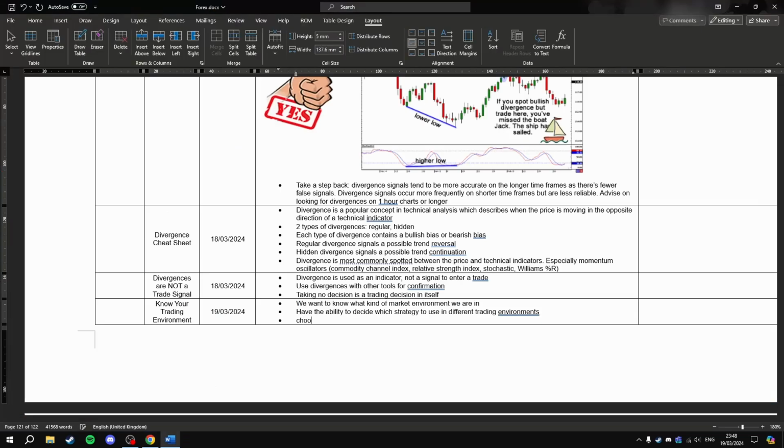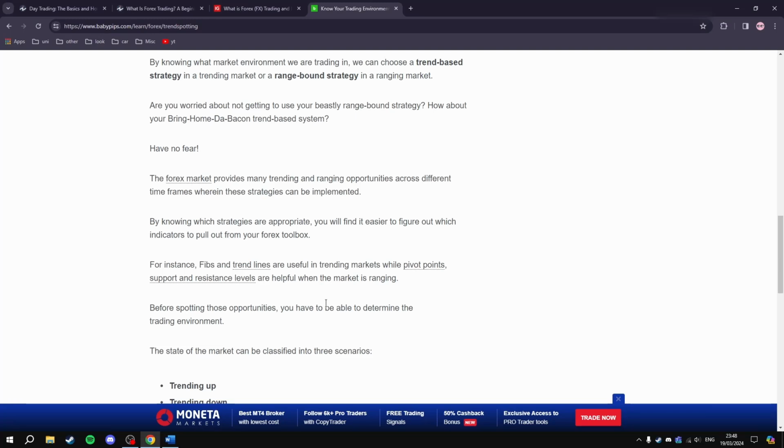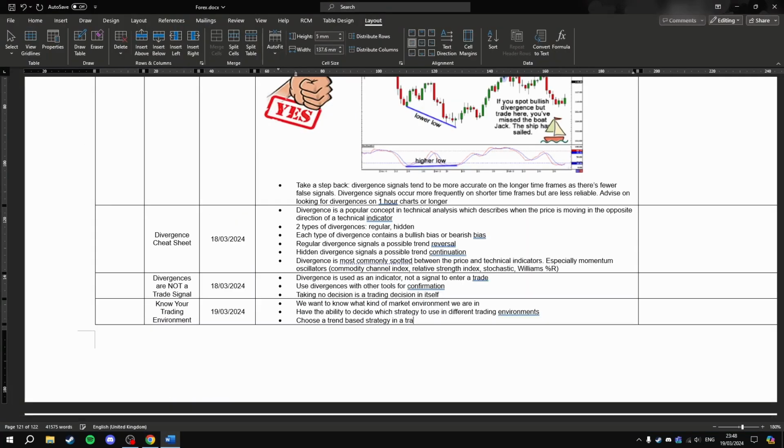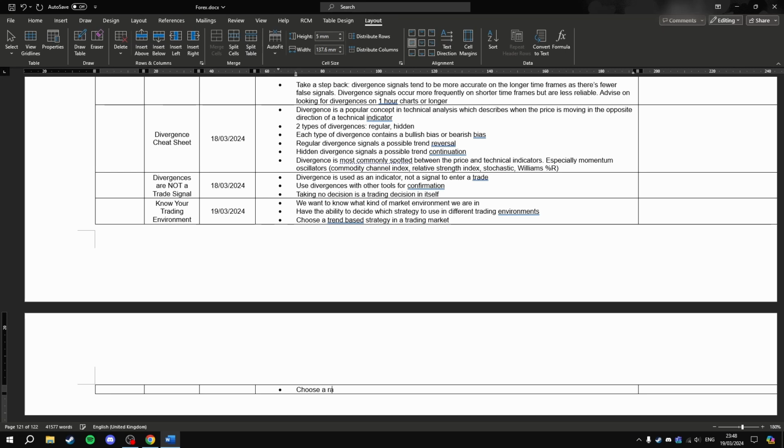So choose a trend-based strategy in a trending market. Choose a range-based strategy in a range-bound market.